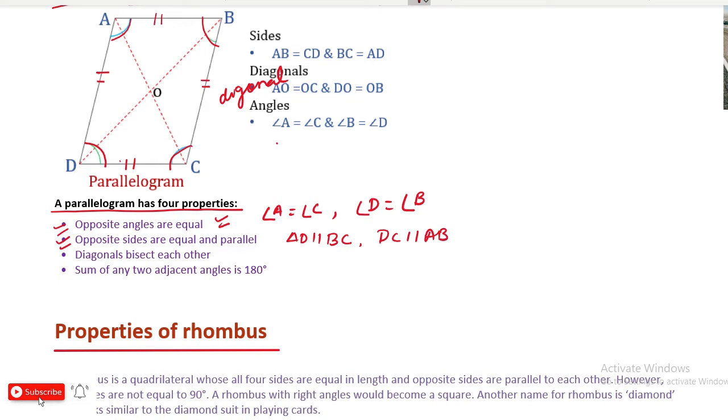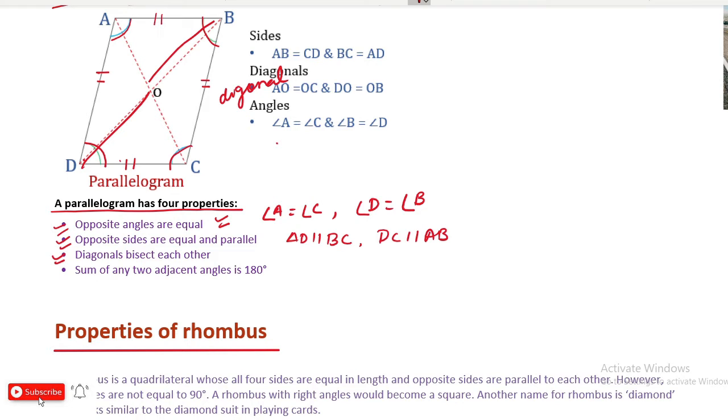Now the third property: diagonals bisect each other. That means diagonal AC and diagonal DB bisect each other. When they bisect, that means OD will be equal to OB. Why? Because the diagonals bisect.